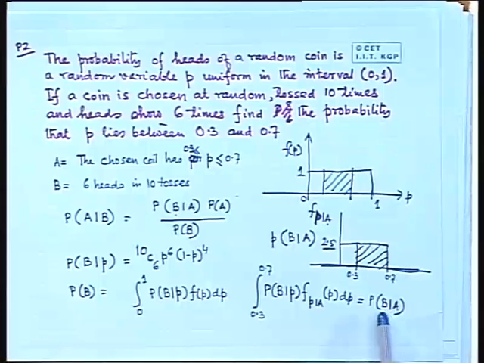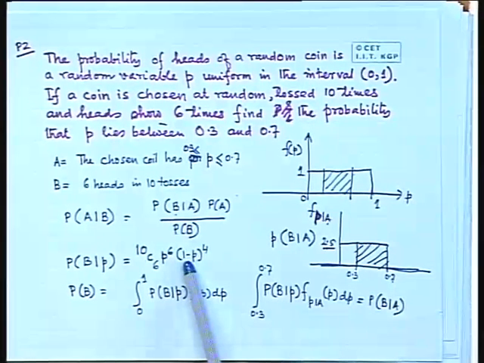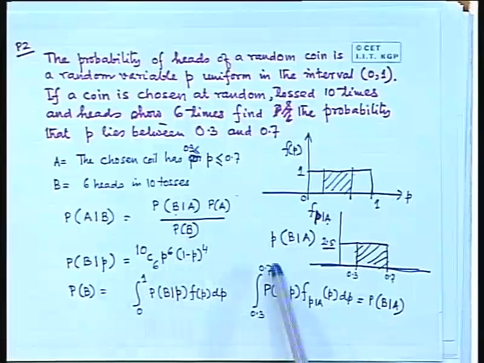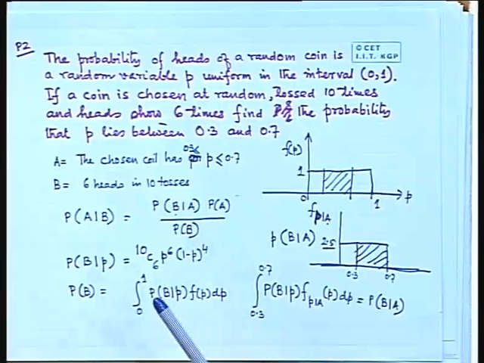So now this is probability of B given A. Now you can do the problem. Probability of B given P is given, this one you know, this one is nothing but 2.5, this you know, and you have to integrate between 0.3 and 0.7, and probability of A is, what is probability of A? 0.4.